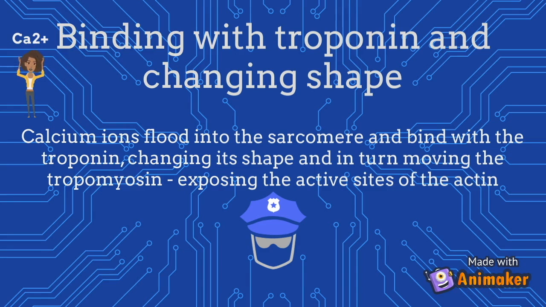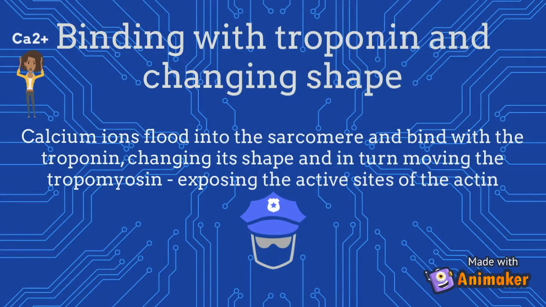So when a protein binds with something, it changes its shape. So the calcium ions bind with the troponin, change the shape of the troponin and tropomyosin, and this allows them to move out of the way, exposing the active sites of the actin for the myosin to grab hold of them. It's almost like taking the bodyguards out of the cell block, unlocking the cell gates, and allowing all of the cellmates to escape.